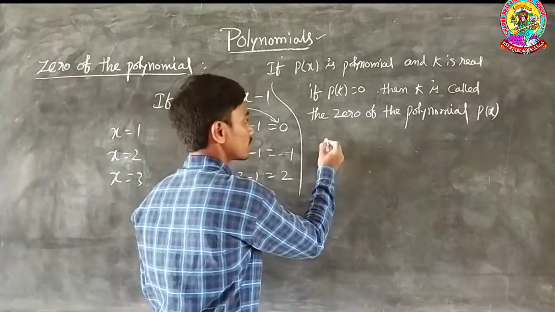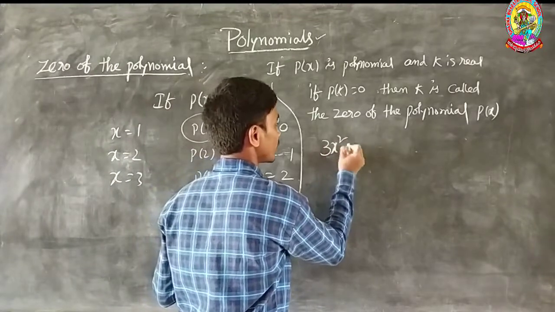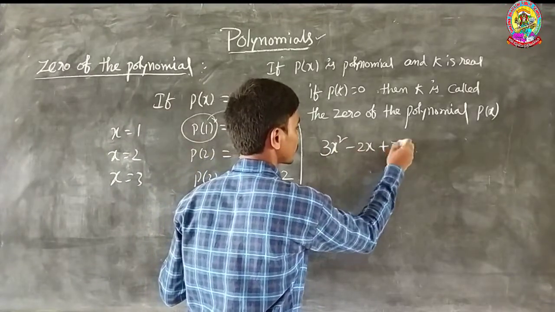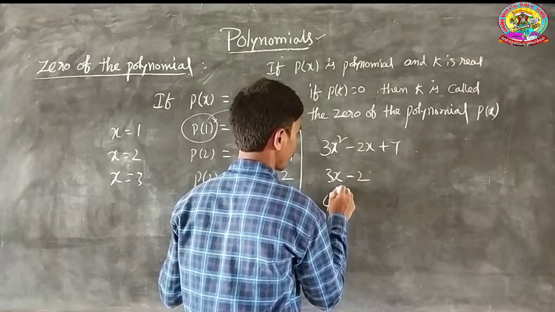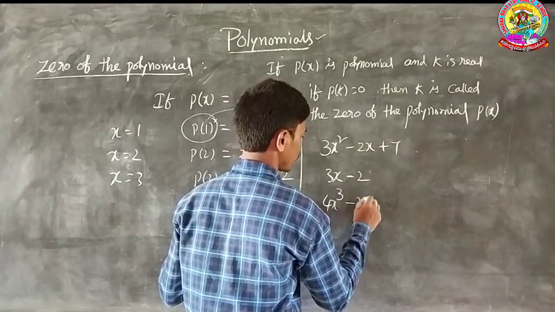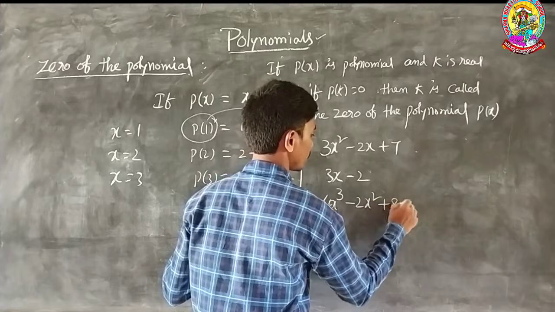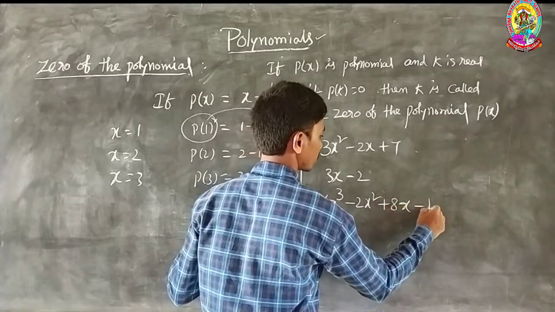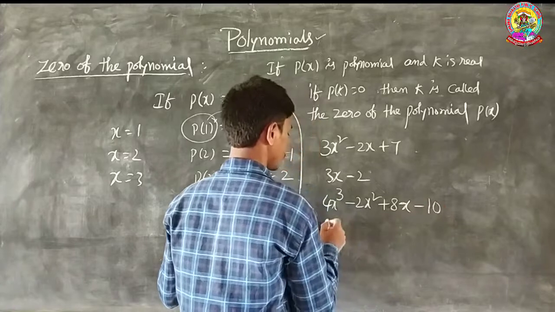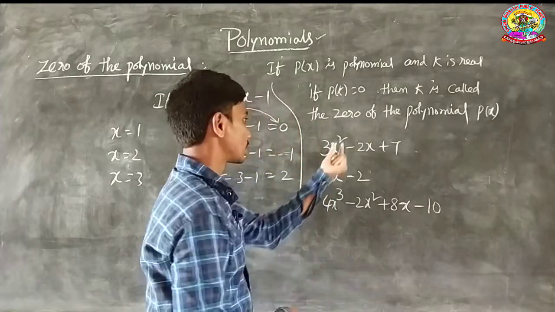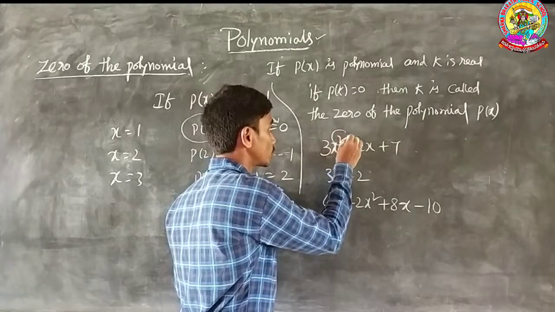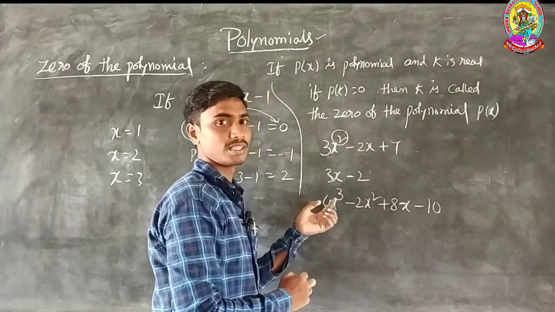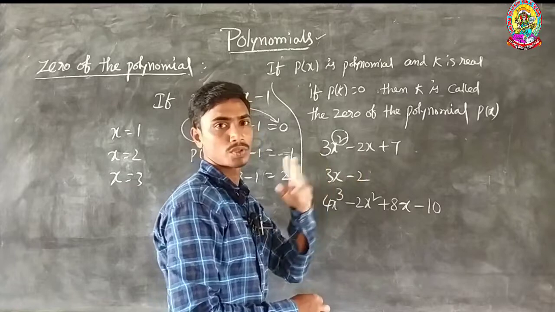So, 3x square minus 2x plus 7, 3x minus 2, 4x power 3 minus 2x square plus 8x minus 10. Based on the degree, here the degree is 2, so at most it consists of 2 zeros.